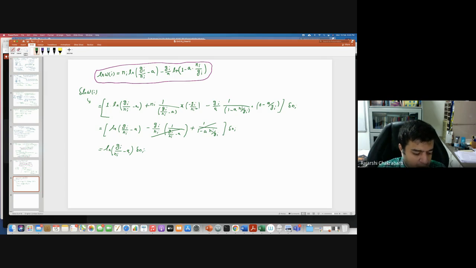Okay, but don't forget about the constraint. I did not put the constraint. Once you put the constraint, I'm going to get this one, and you know that this is omega I, no?